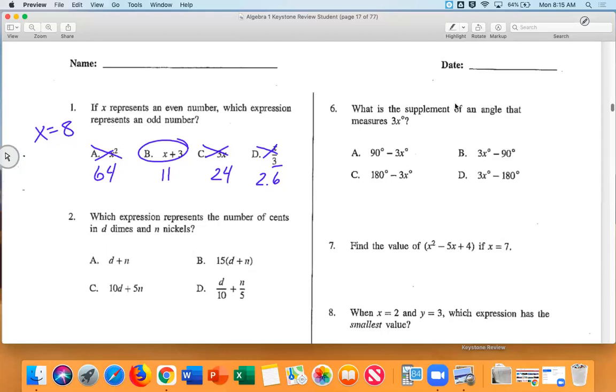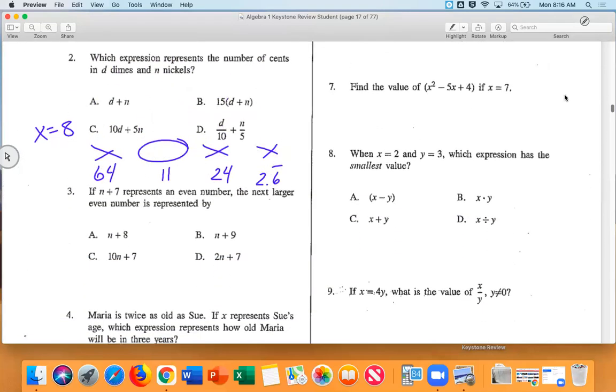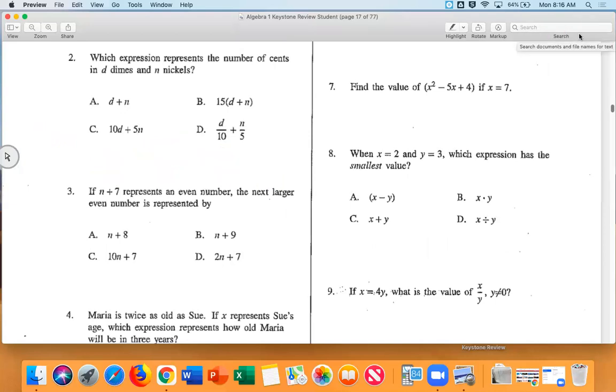Here, which expression represents the number of cents in d dimes and n nickels? Guarantee you, hope you're getting one like this. I hope this is going to seem silly, but a lot of people forget this. Cents, right? How many cents are in a dollar? 100, very good.